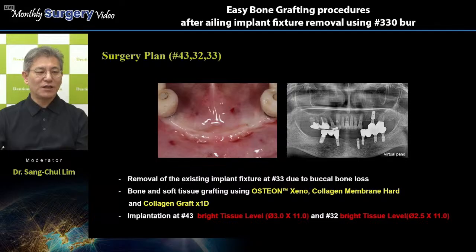Implantation at number 43 with a Bright tissue level 3.0 by 11 millimeter, and another on the 32 area, diameter 2.5 and 11 millimeter.